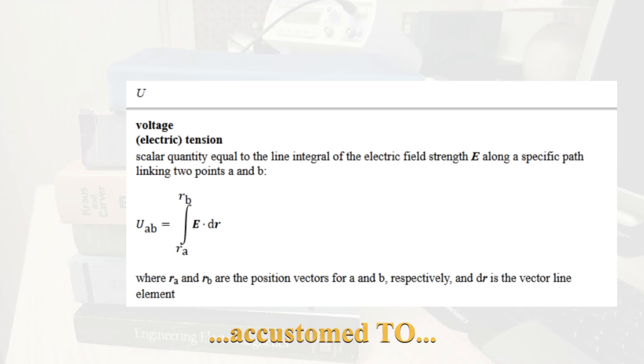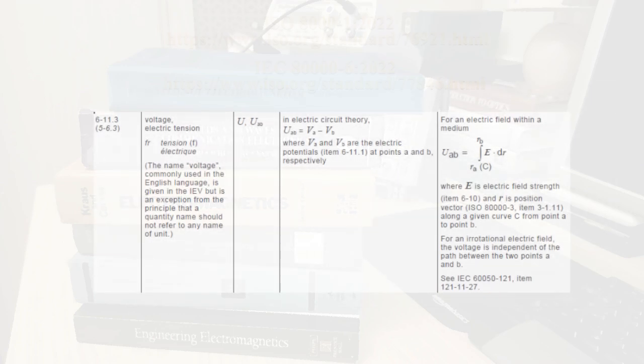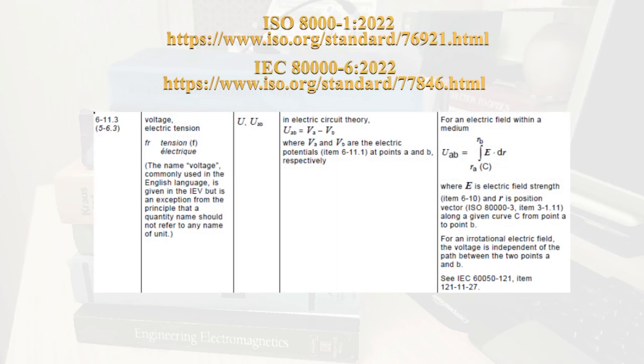Inverting the orientation of the path and switching the sign of the line integral will give the same numerical result, sign included. This definition and the distinction between the concepts of voltage and potential difference is also adopted by the International Standard Organization, ISO, as we can see from this screenshot.